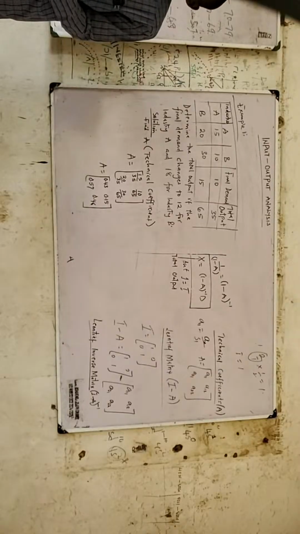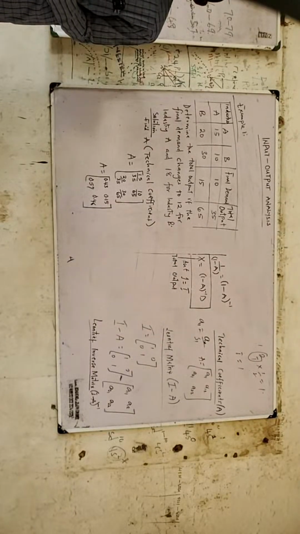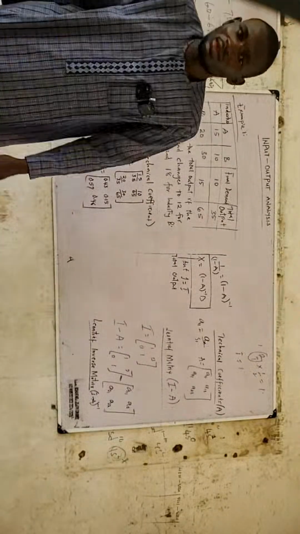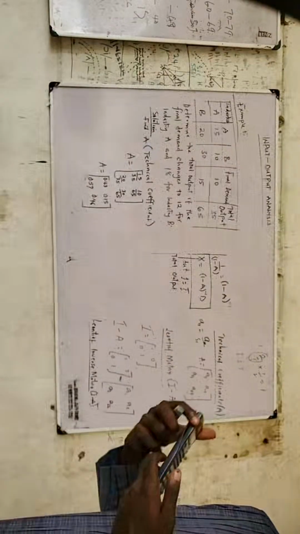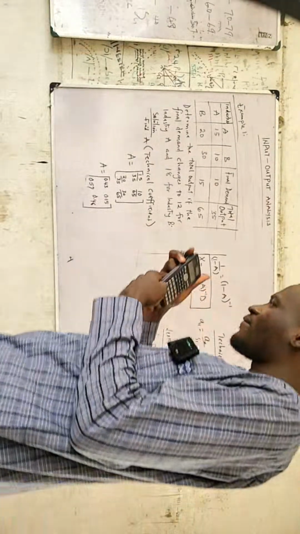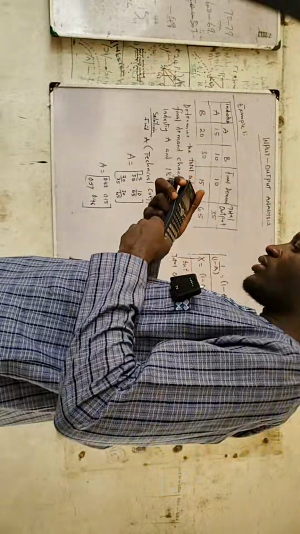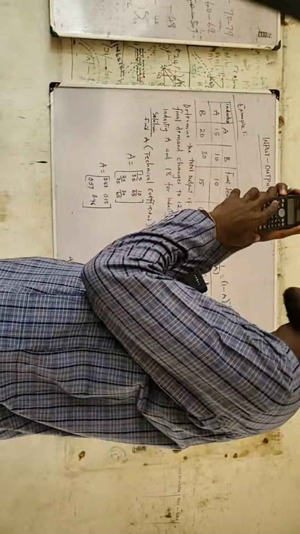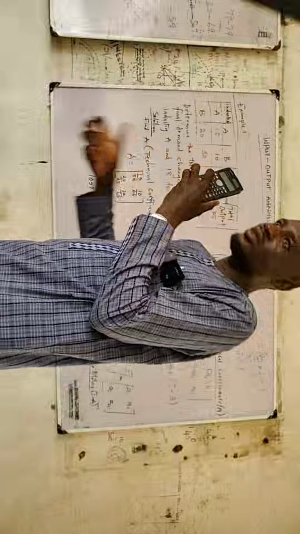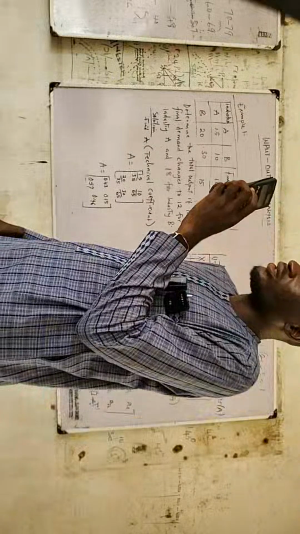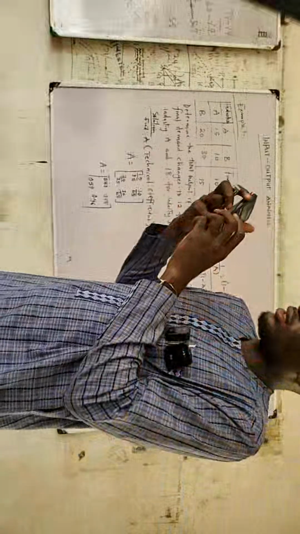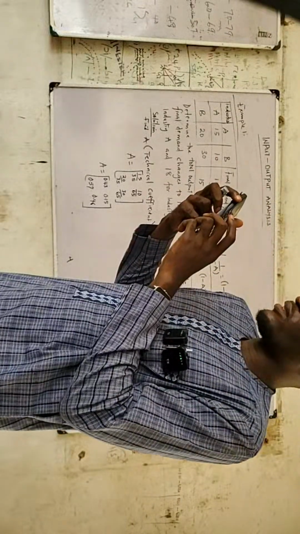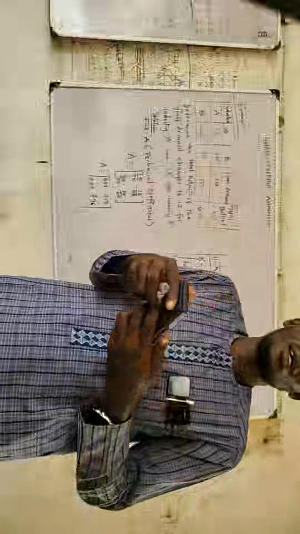You can change it to fractions. You just press this key, the a b/c key.